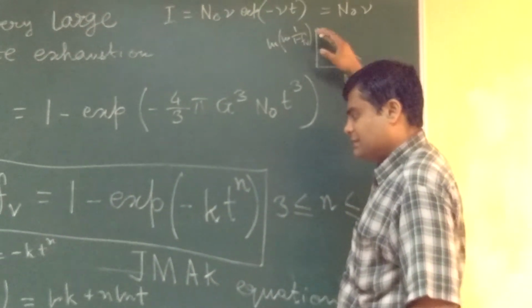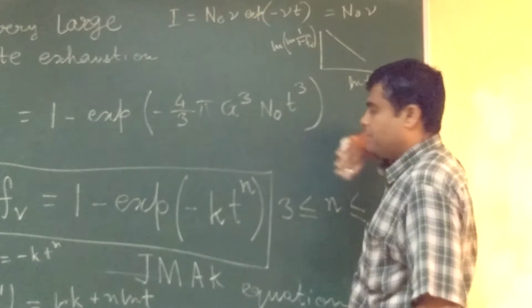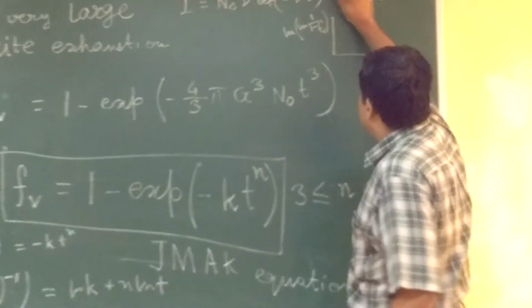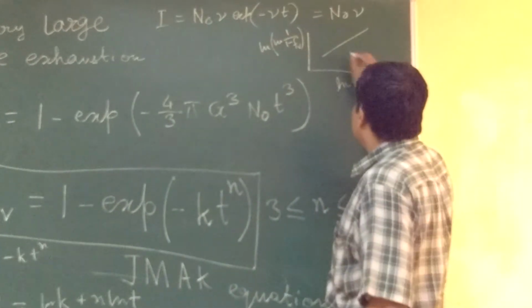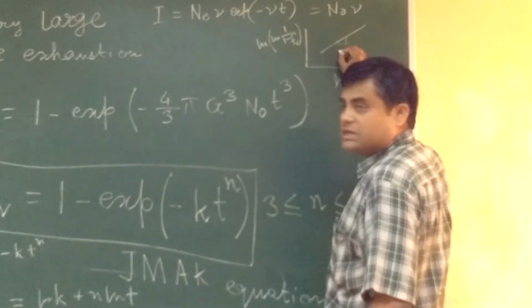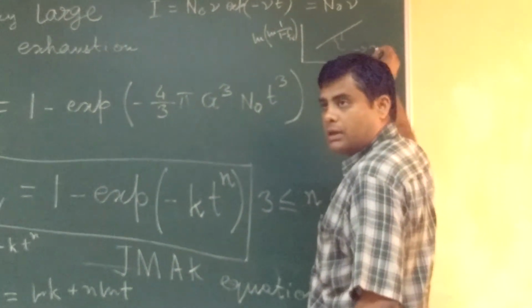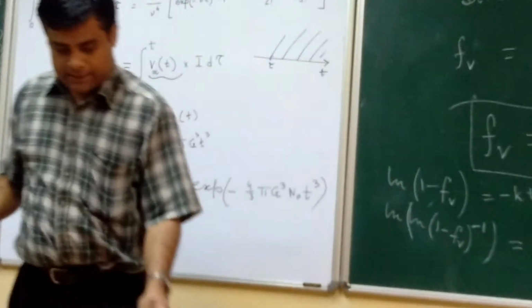Is it this type of slope or a positive slope? Positive slope. This will give you n. From the intercept you will get k.